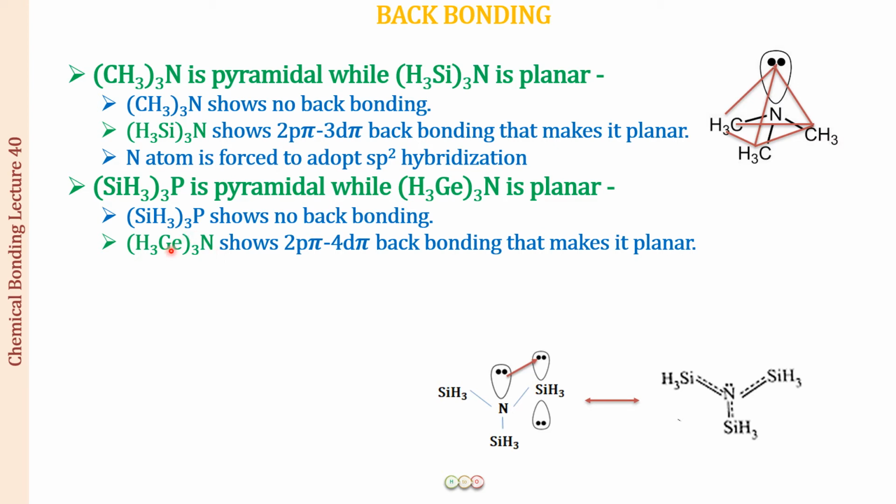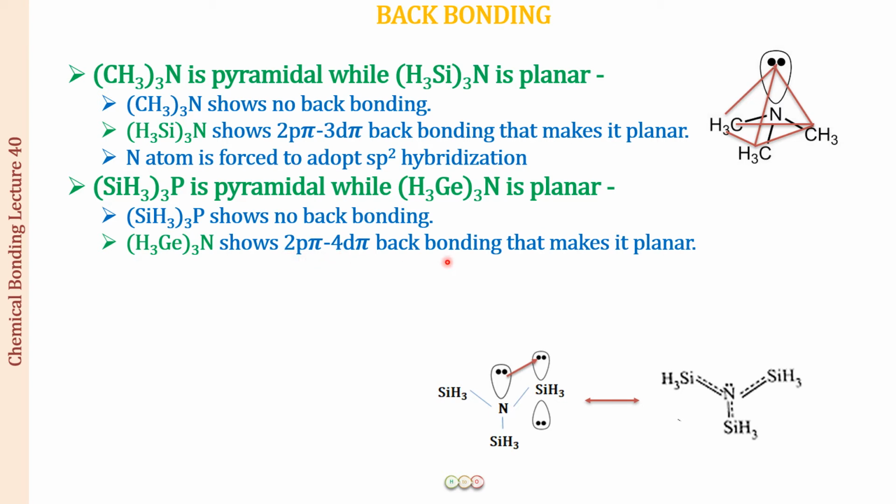There is going to be a 2p pi 4d pi back bonding between them. Generally, we say that this back bonding is not as strong as a 2p pi 2p pi, or a 2p pi 3p pi, or a 2p pi 3d pi. But here we see a significant back bonding, that is going to be a 2p pi 4d pi back bonding.